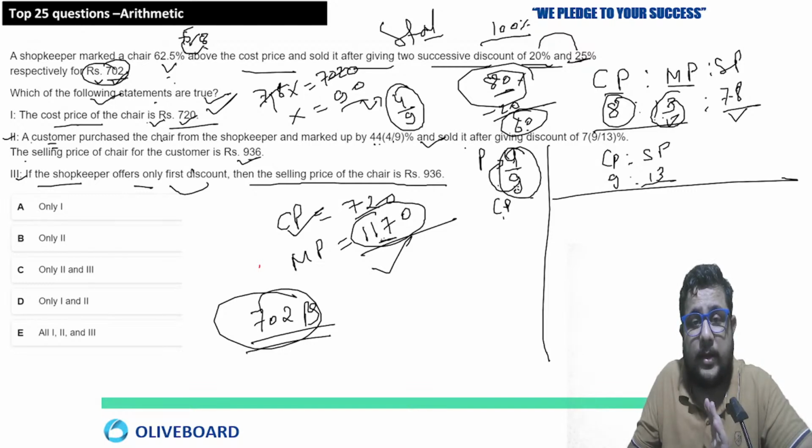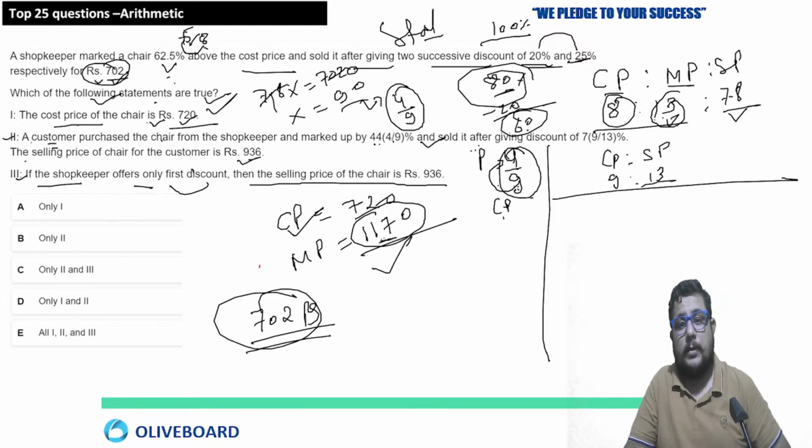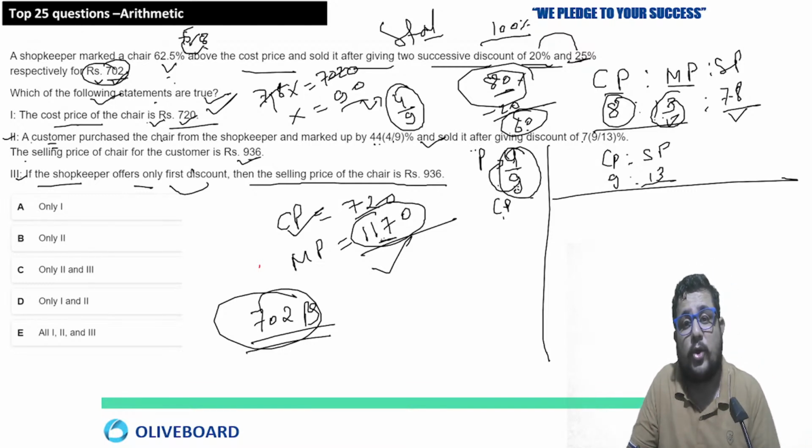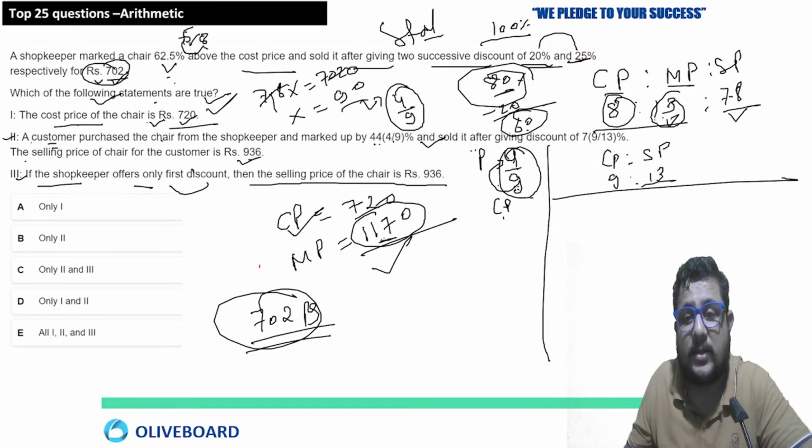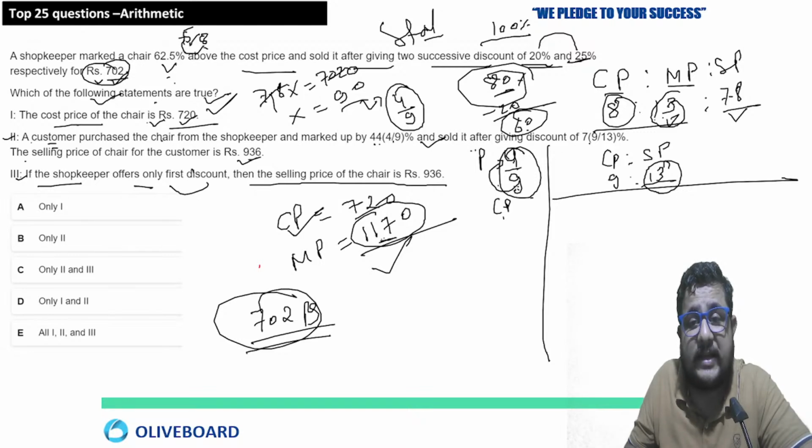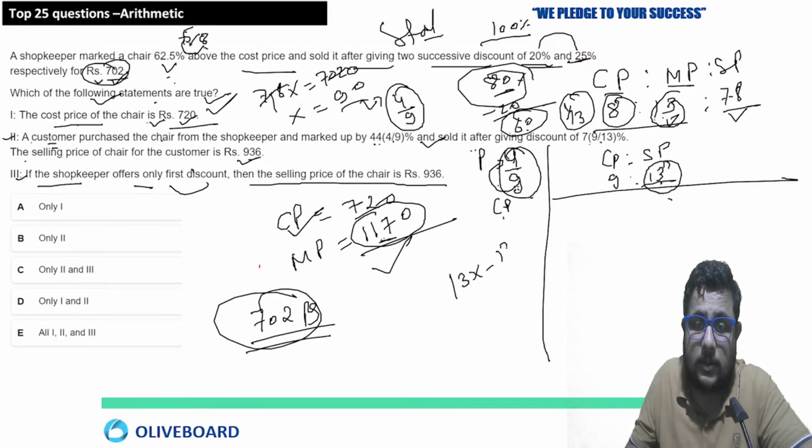So now here what is given? After giving the discount of 1 by 13, so how much discount are you giving here? 1 by 13, 13x is already given, minus 13x multiplied by 1 by 13, so 12x.